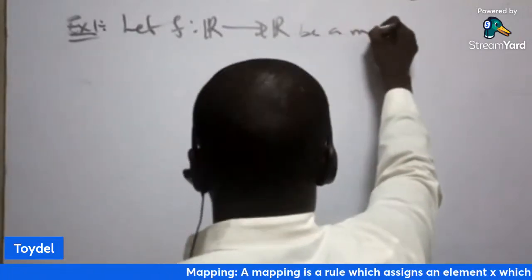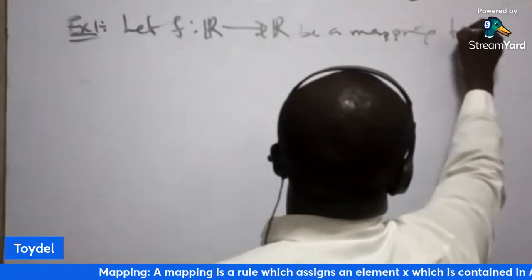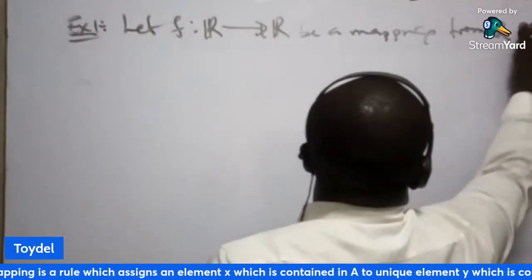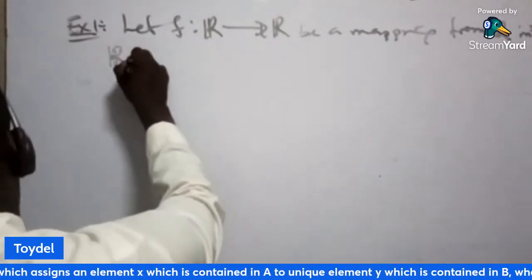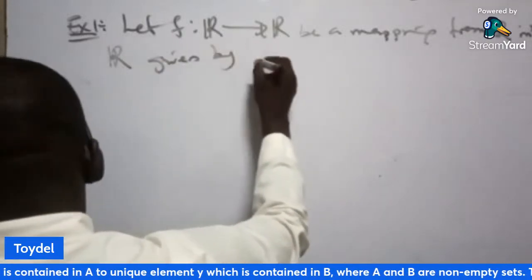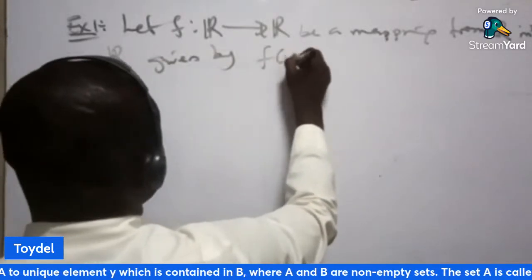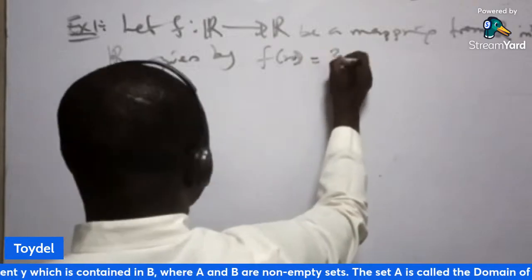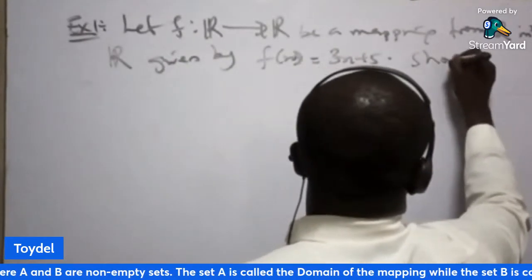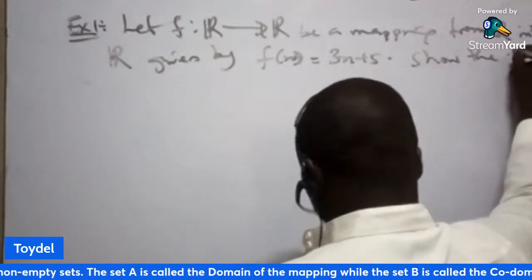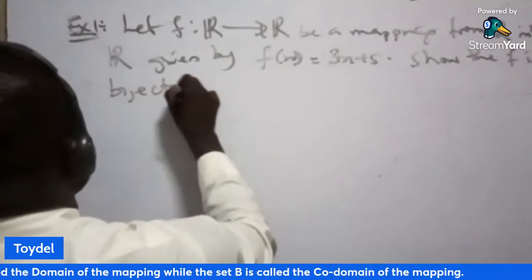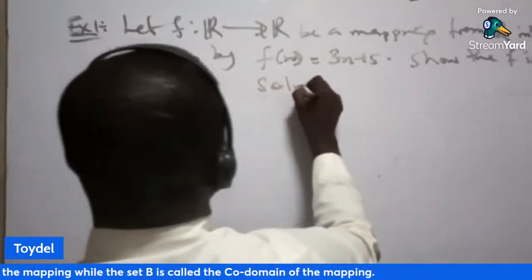This mapping is given by f of x is equal to 3x plus 5. The question says we should show that f is a bijection.